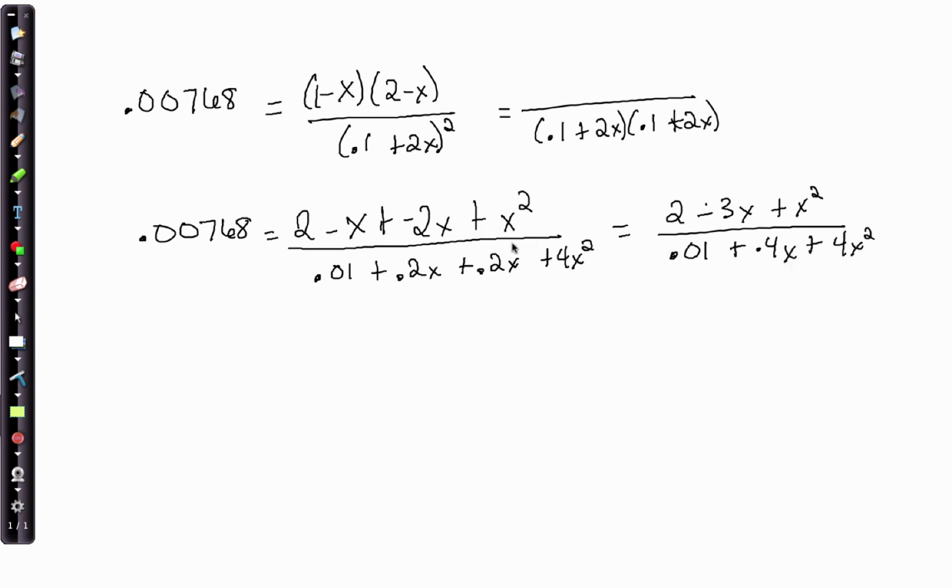Now let's move this to the other side of the equation. So take the bottom, multiply it out. It'll cancel.